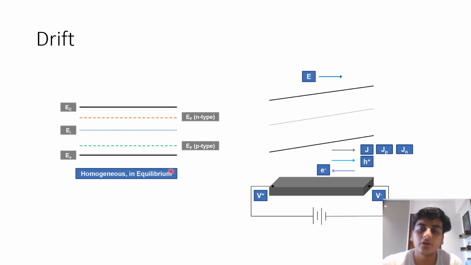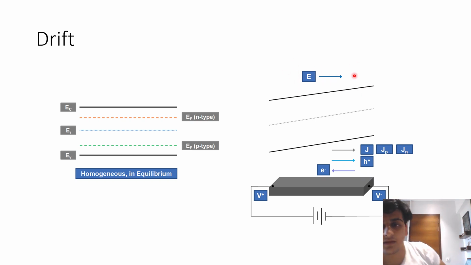Right? Now we're going to talk about the case where, say this is your semiconductor material, you pick it up and you put a battery across it, where there's a high voltage on the left side and a low voltage on the right side. What that's going to do is it's going to create an electric field from left to right.